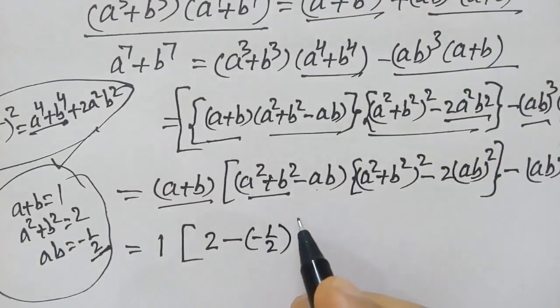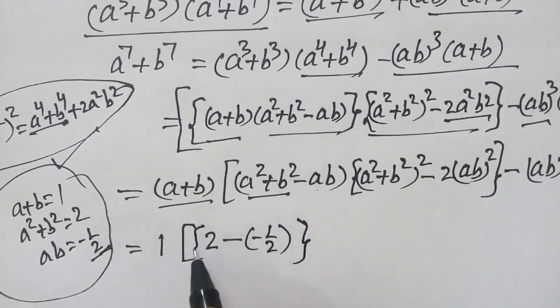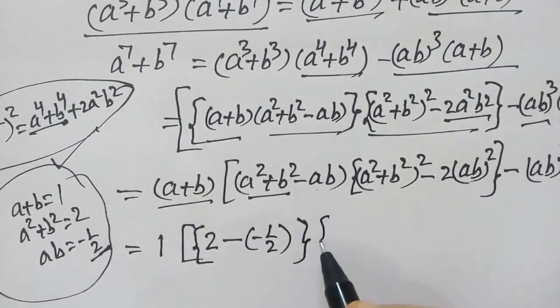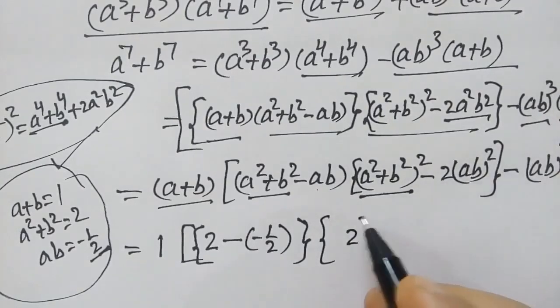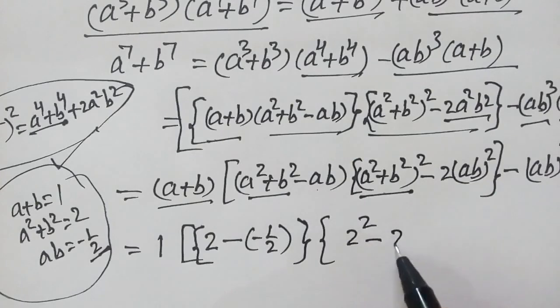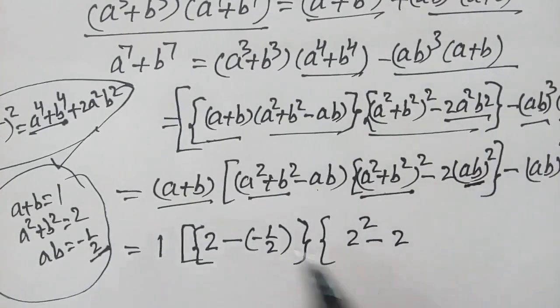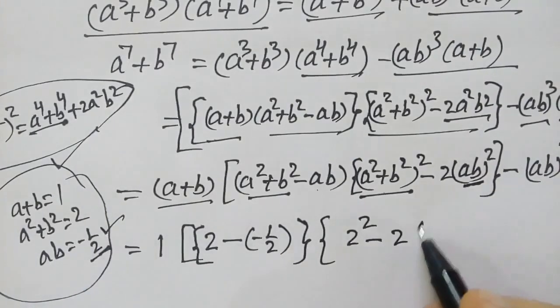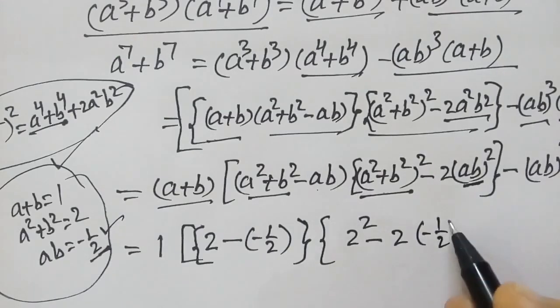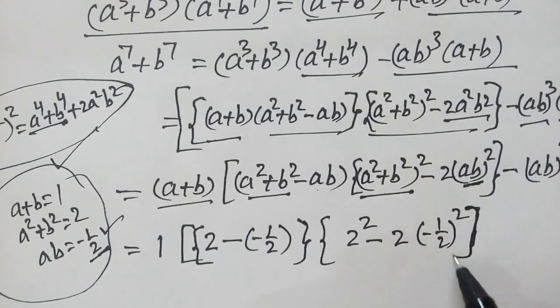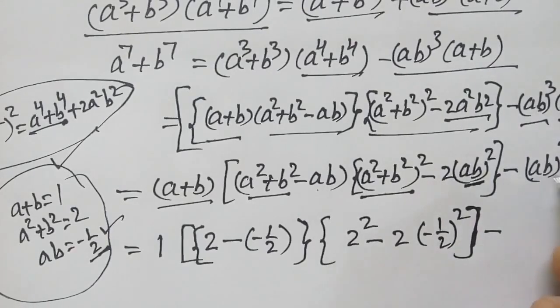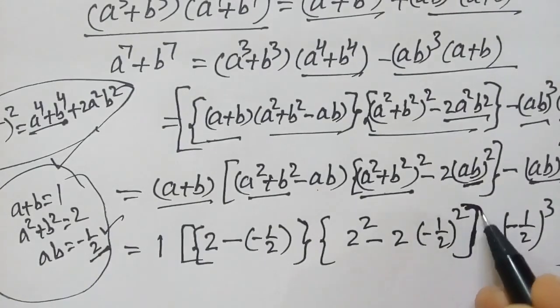Then (a square plus b square) whole square, 2 square, minus 2 times (ab, which is minus half) square, minus ab.